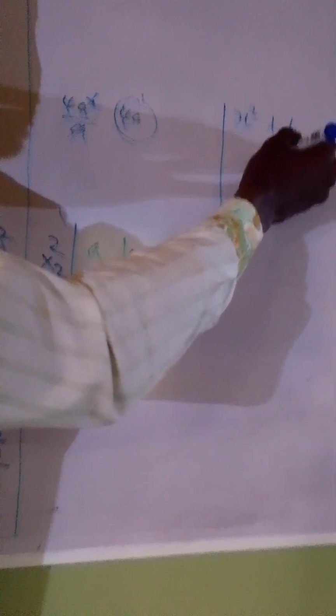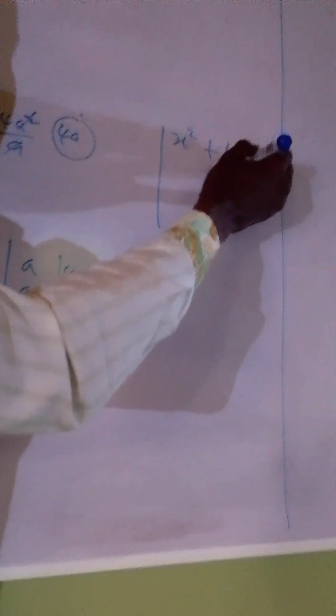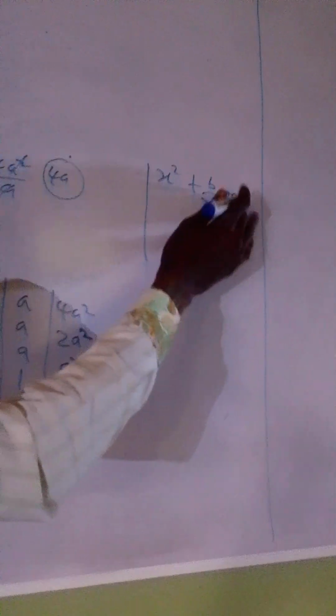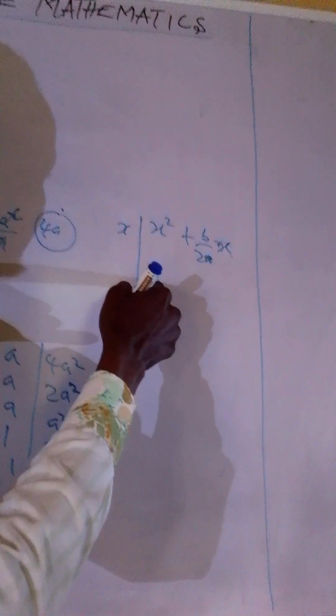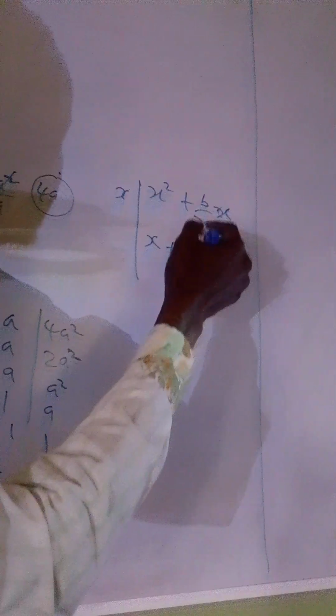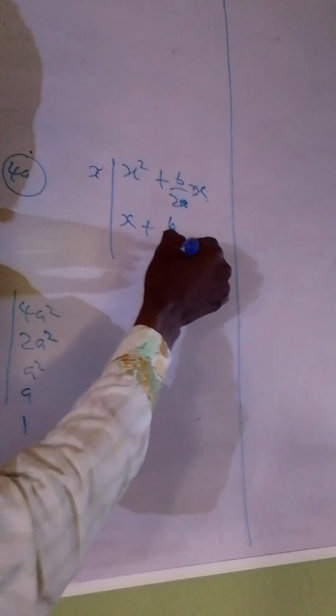So let's start with the first bracket. We have x squared plus b over 2a x. What can divide is x, because x is common. This we are finding the HCF. So x cancel x here, it will remain 1 here. X cancel x squared, it will remain x. Plus x cancel this x, what is left here? B over 2a.